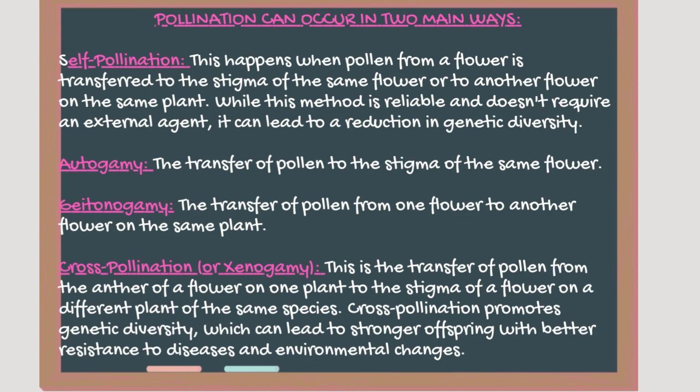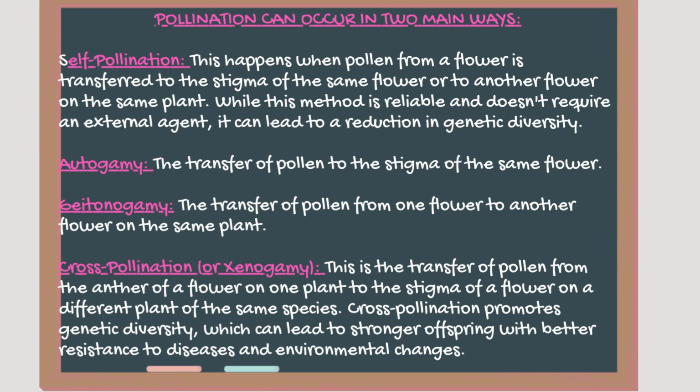This happens when pollen from a flower is transferred to the stigma of the same flower or to another flower on the same plant. While this method is reliable and doesn't require an external agent, it can lead to a reduction in genetic diversity.